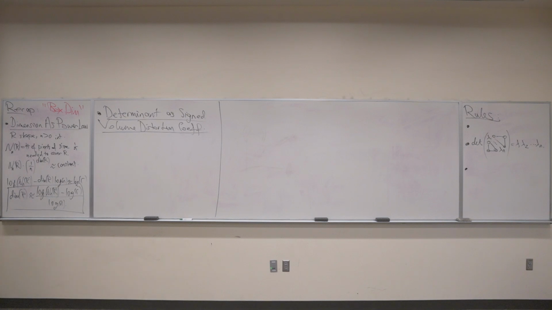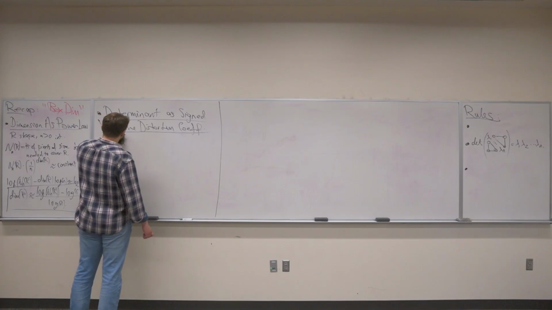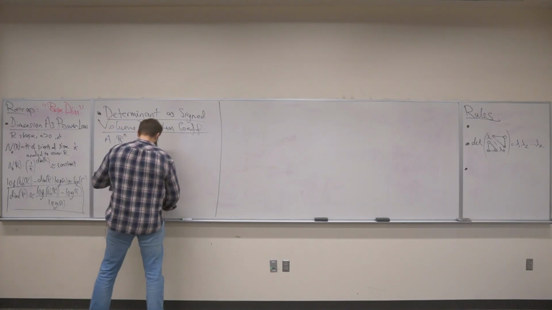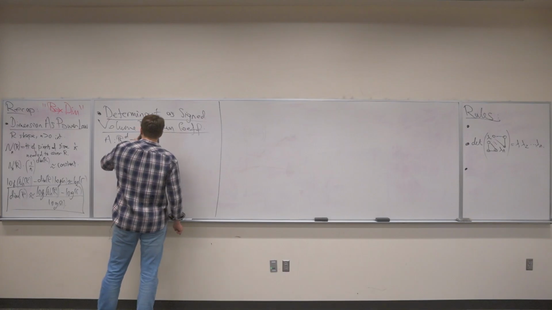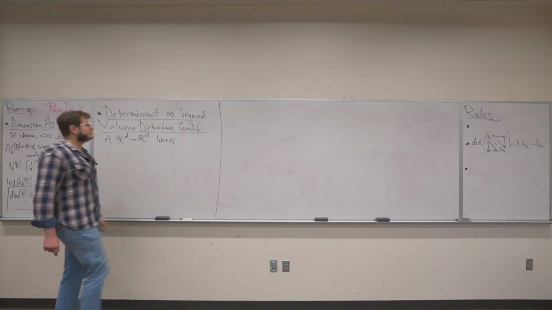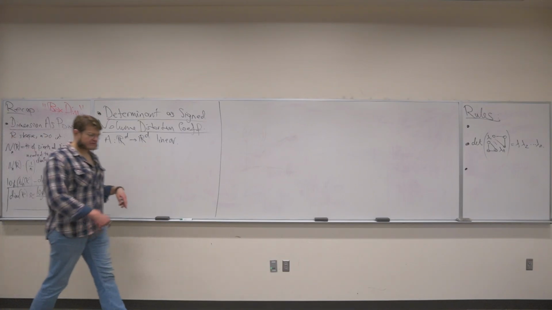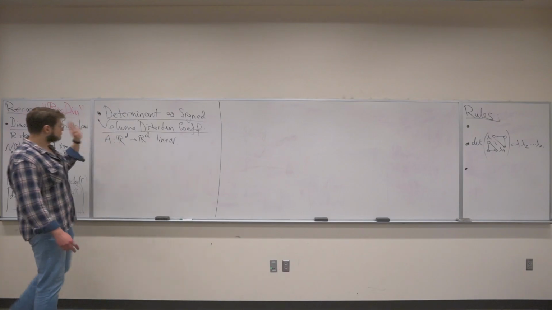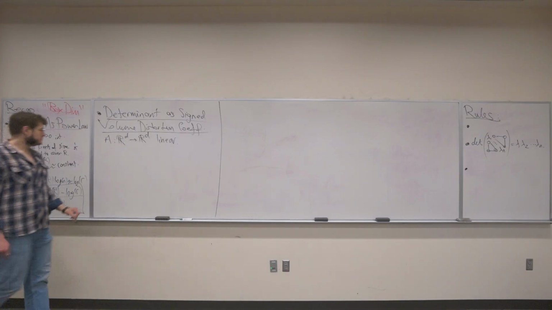Now, based on this, we said, if I have a linear transformation A from R^d to R^d, then its determinant is going to be the ratio of the volume of one shape distorted under A by the volume of the original shape.